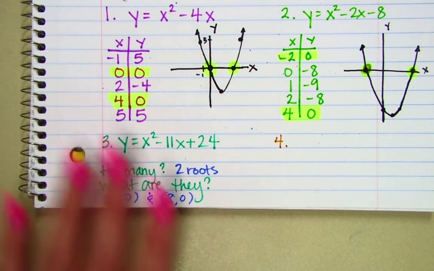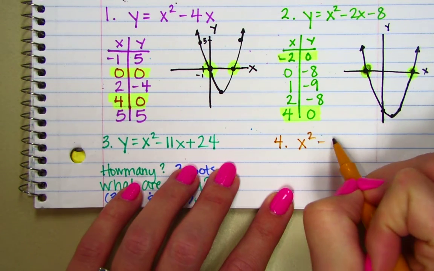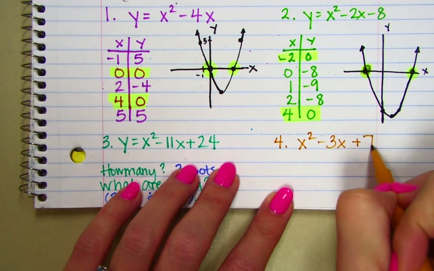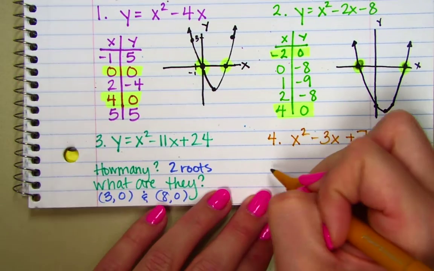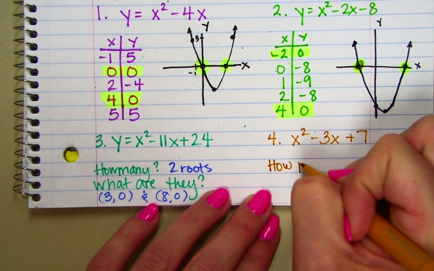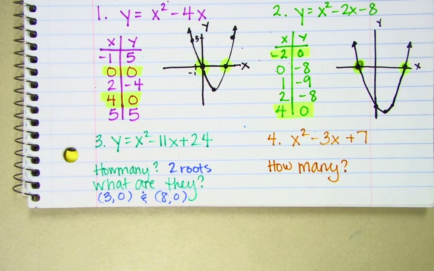All right, number 4. X squared minus 3x plus 7. Right? How many solutions? Go ahead and put that in your calculator and find it. And look at the graph to see how many solutions there are. I'm going to go to y equals x squared minus 3x plus 7.